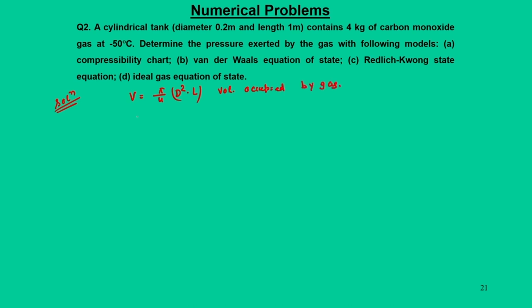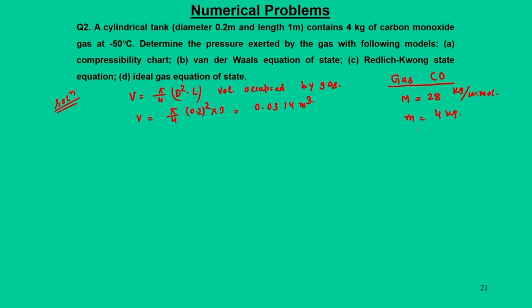And that V we can calculate as pi by 4 into 0.2 square into 1, and this number is 0.0314 meter cube. Now, we have this gas which is given as CO, carbon monoxide, for which we have this molecular weight 28 kg per kilomole, and this mass is given as 4 kg.